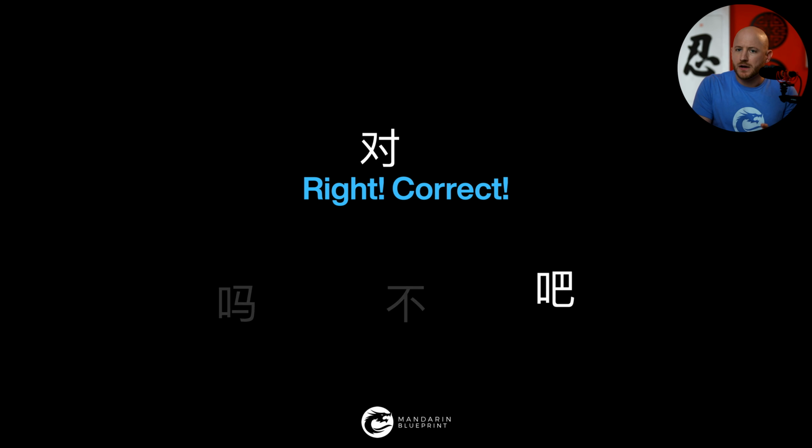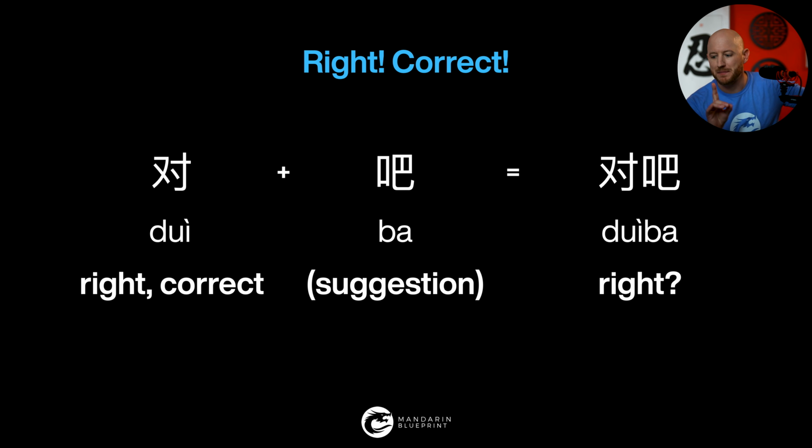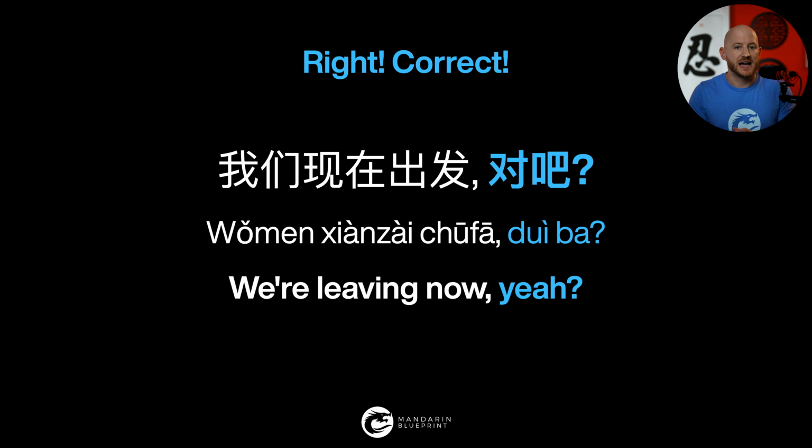Now, then you have 对吧. And 对吧 is a little bit different because you're kind of sure of yourself when you say it. That means you're almost just being polite, like 我们现在出发,对吧? We're leaving now, yeah? So you're pretty sure that that's what's happening. You're 99% sure, or even 90% sure.